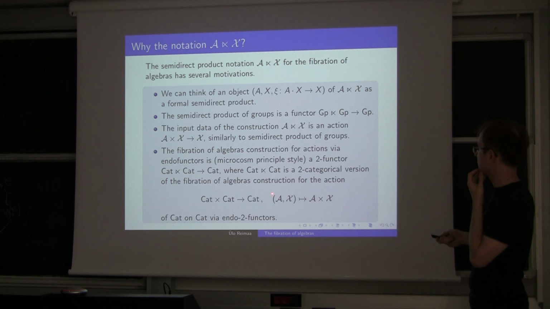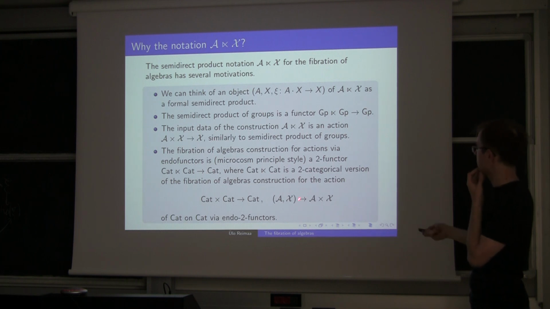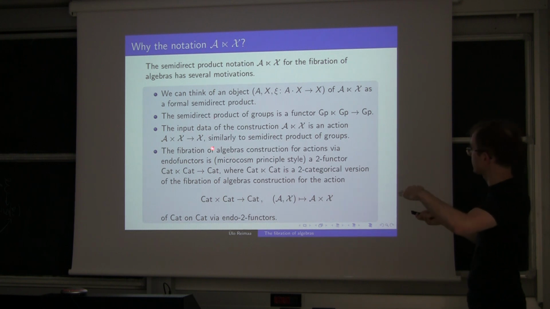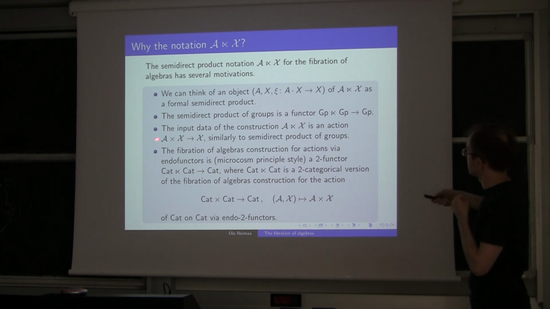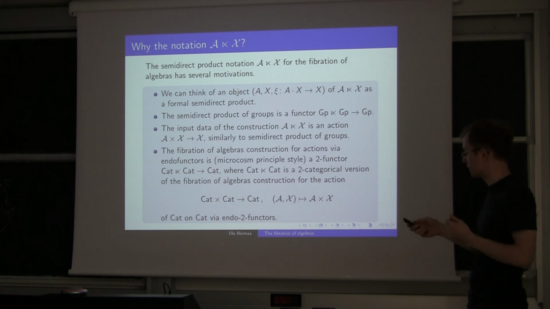So an algebra over such an action will be a functor from A times X to X. So precisely this kind of piece of data. So we're here considering the inner functor algebras. So again, by all the levels that we can consider, like the object level, the level of categories, and the two-categories level, this makes sense as a notation.